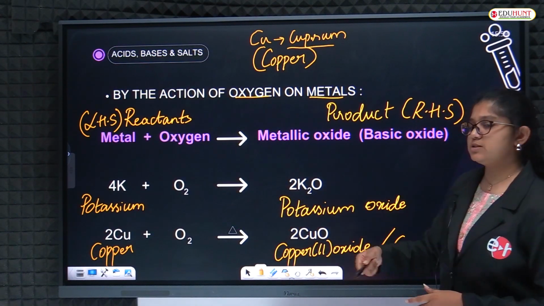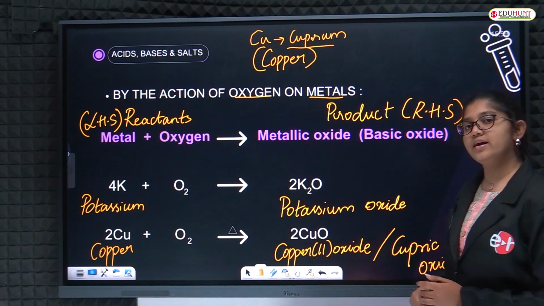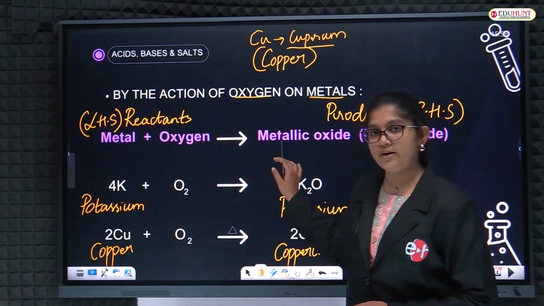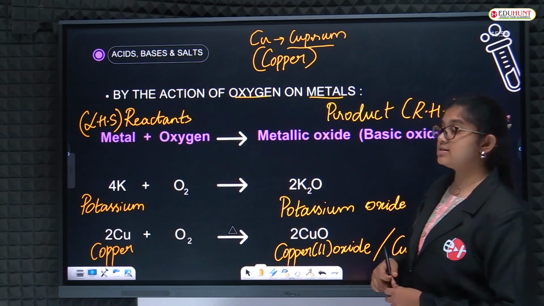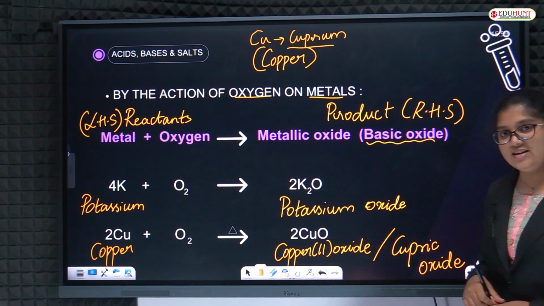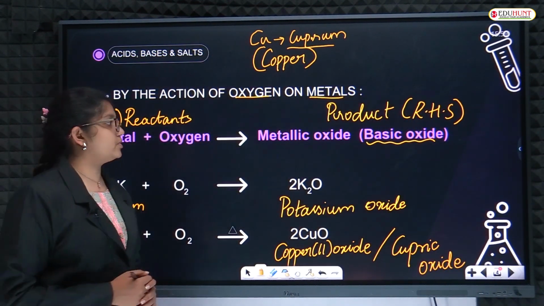We have taken potassium and copper, but we can take many other metals too. By the addition of oxygen to a metal, we get that metallic oxide, a simple basic oxide. Did you get that? This is the first of the general methods of preparation of bases.